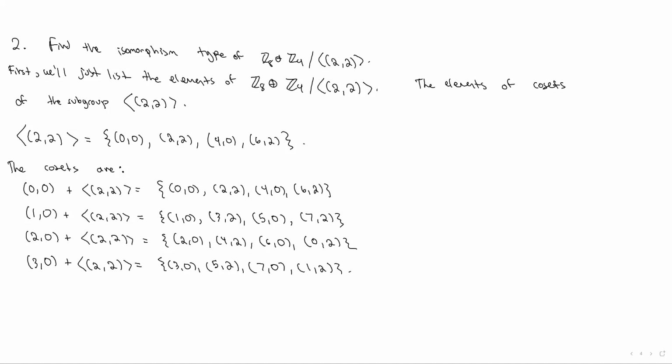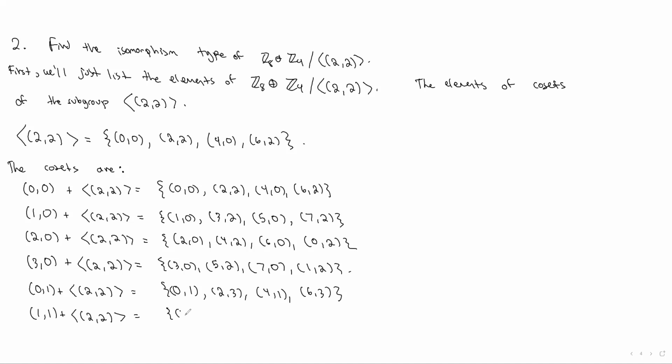So let's get some with second coordinate 1 now. So we'll do (0,1) plus (2,2). That's going to be (0,1), (2,3), (4,1), (6,3). And then we'll do (1,1) plus (2,2).